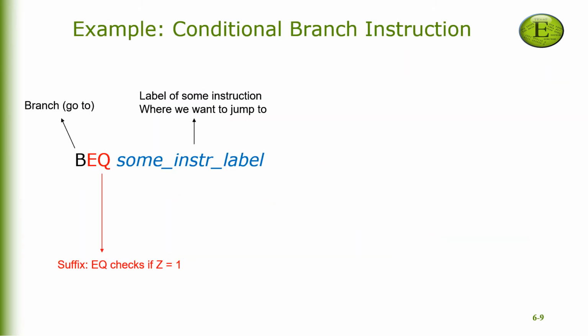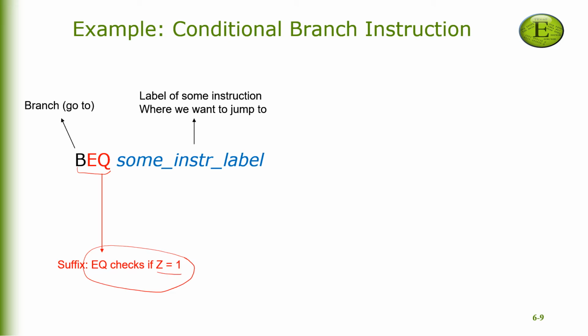Let us try to parse a simple conditional branch instruction example, the branch if equal. In this case, the instruction should be read as follows: BEQ, branch if equal. EQ is actually a suffix, and we saw in the last slide that the EQ suffix corresponds to the Z flag, and it checks if the Z flag is equal to 1.